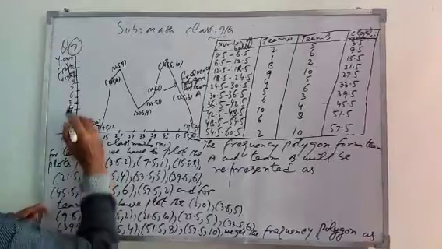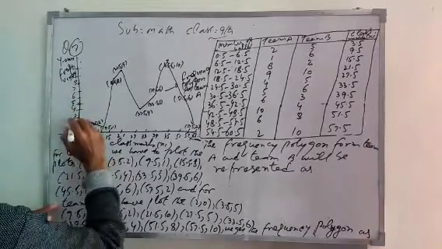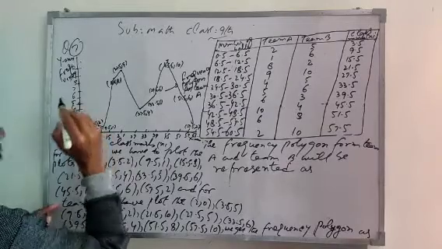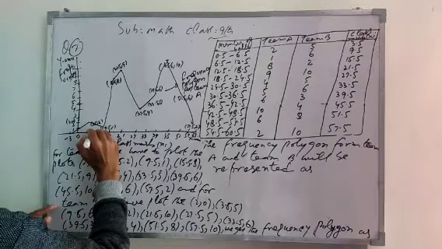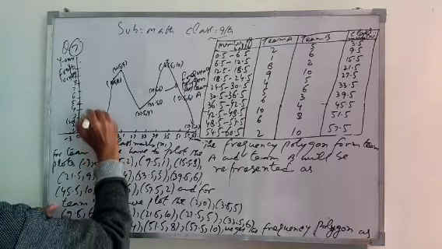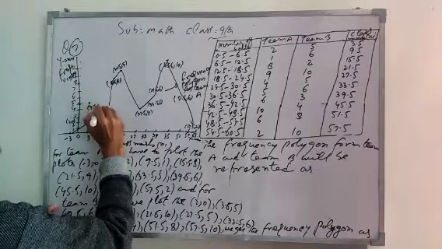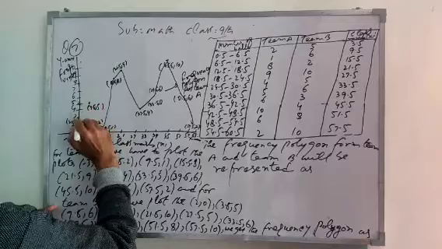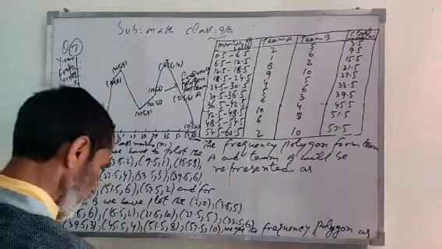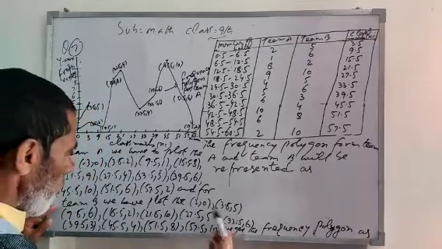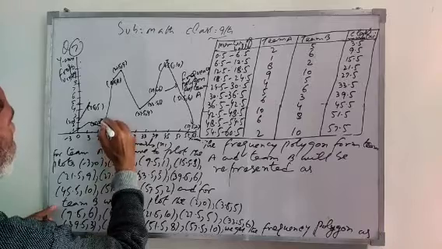Team B is 2, 0. Second is 3.5 comma 5. This is second point, 3.5 comma 5. We will join these two by line segment. 9.5 comma 6.